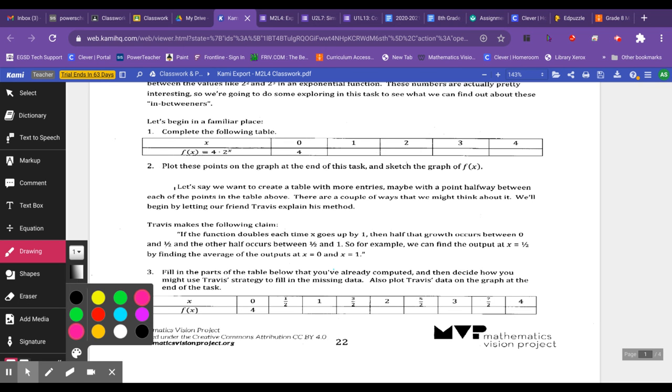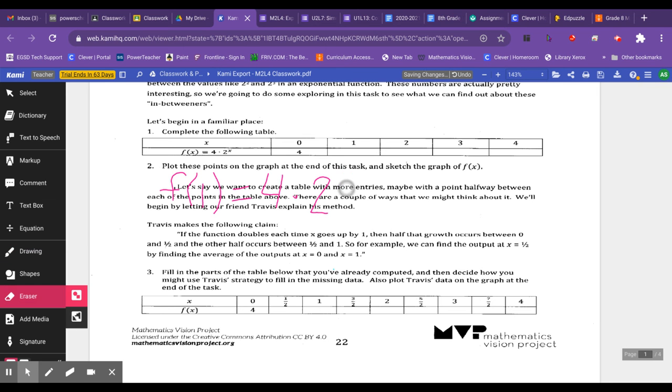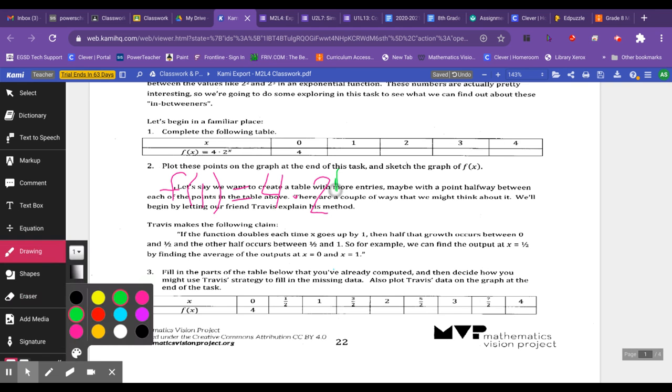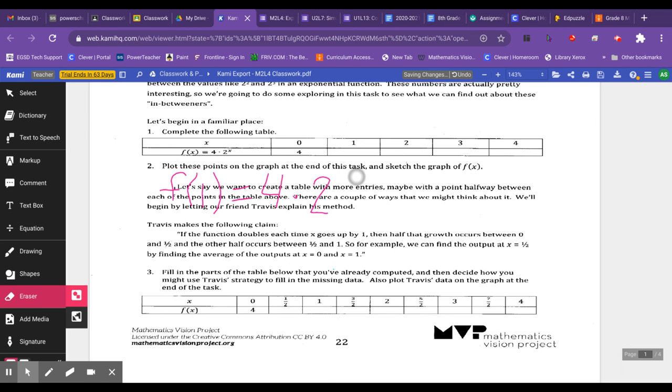And just a reminder of how this works, it's f of, I want to put in a 1, equals 4 times 2 to the x power, which in this case, we don't want x because we're going to fill in the 1. So we're going to go to the first power. 2 to the first is 2 times 4, 8 goes in here.